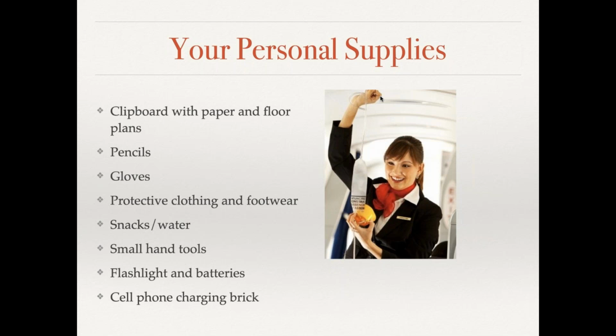A flashlight and batteries, maybe a cell phone charger, a little portable cell phone charging brick, so that you can extend the life of your device if you need to. All of those are things that I would want. Your mileage may vary. You can have whatever you want in there, but I want you to be able to have what you need to be safe.